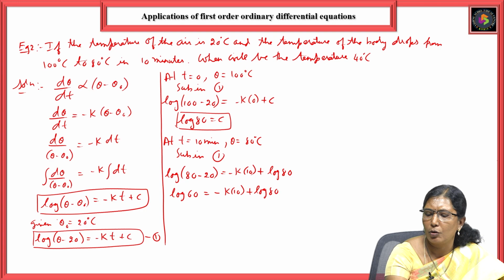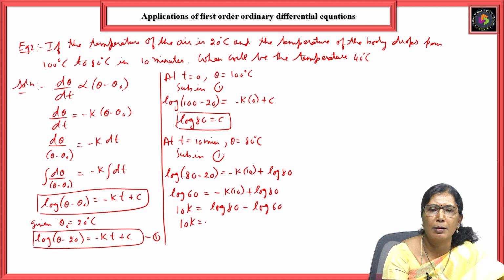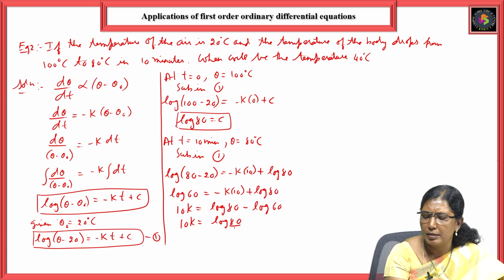Now take the k into 10 to the left-hand side and log 60 to the right-hand side. So you get 10k is equal to log 80 minus log 60. Apply the laws of log: log A minus log B is log A by B. So log 80 by 60.